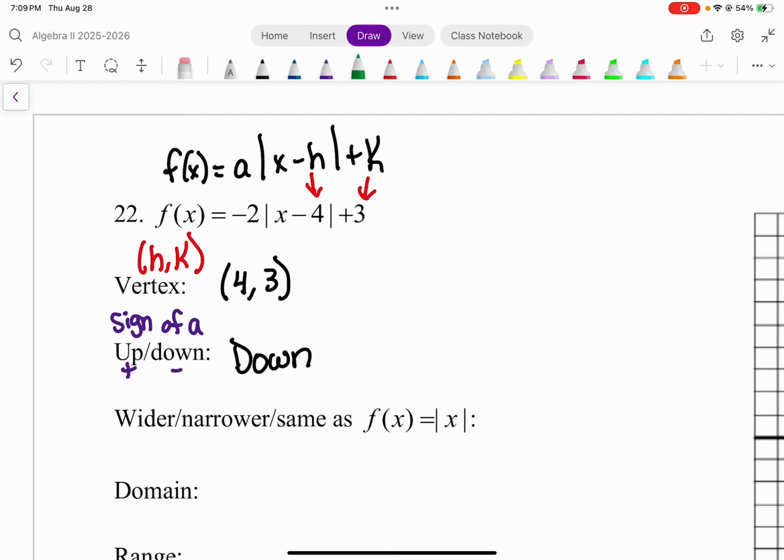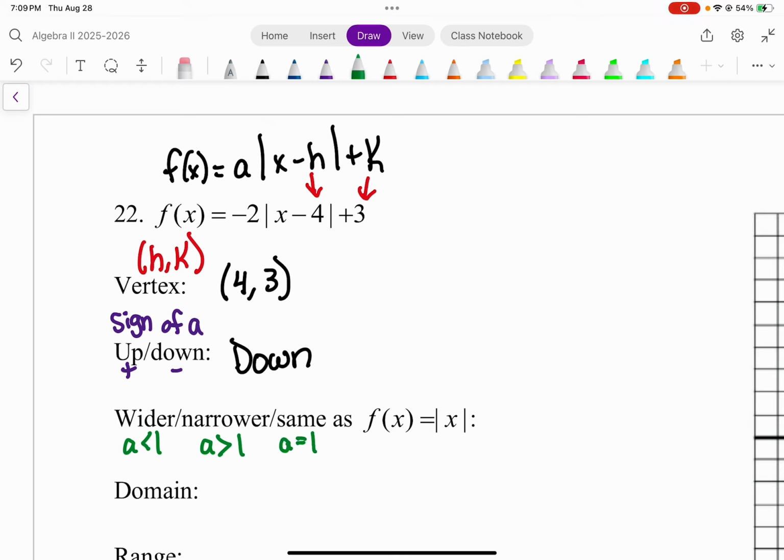Then to determine if it's wider, narrower, or the same, we're also looking at a, but not the sign. We're ignoring the sign. We're just looking at the value of a, so the distance from 0. For it to be wider, a would need to be less than 1. Narrower, a is going to be greater than 1, and then the same, a is equal to 1.